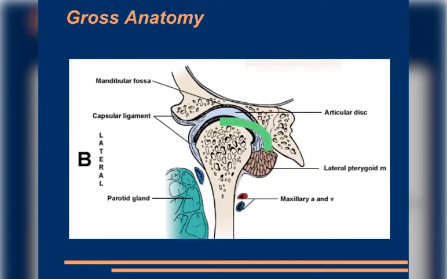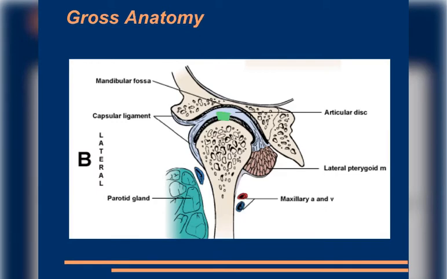Here we see the intra-articular disc. See, the intra-articular disc is dividing the joint into lower joint compartment and upper joint compartment.